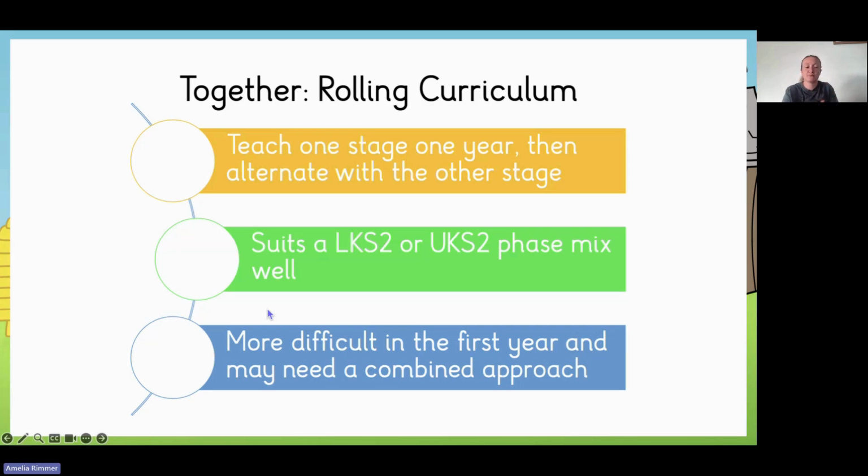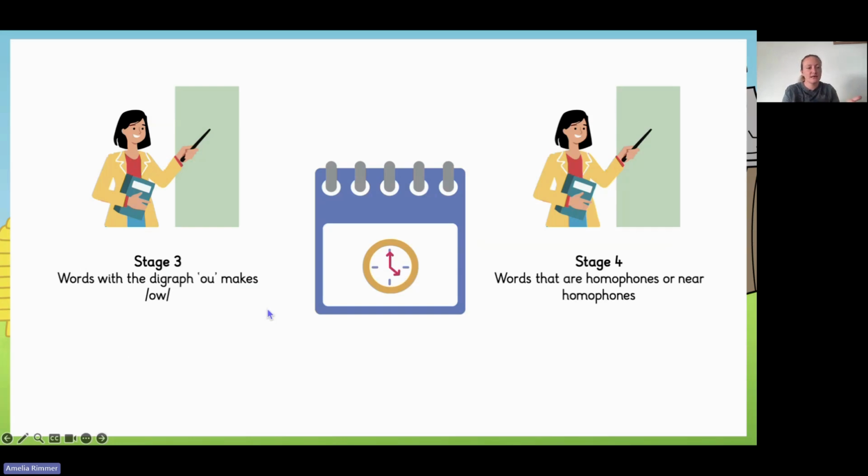However, if you are, for example, particularly in year 5 and year 6, and you're just starting this approach, if you go straight in with doing the stage 6, then the year 6s might have missed some of that year 5 content, depending on what they had when they were in year 5. So you might need to use a combined approach just for the first year that you're introducing this rolling curriculum, and then you can go to this nice, easy model. So yeah, stage 3, 1 year, and then the next calendar year, do stage 4, and then alternate.